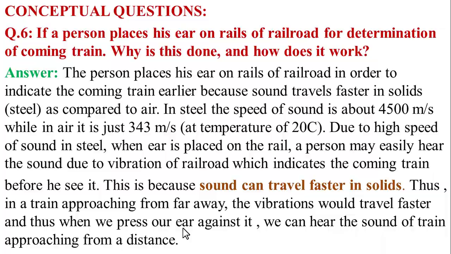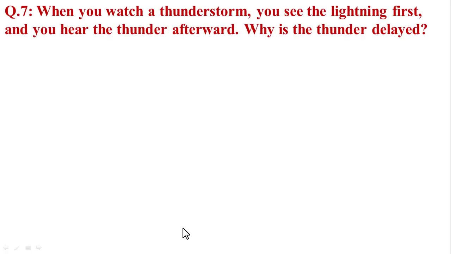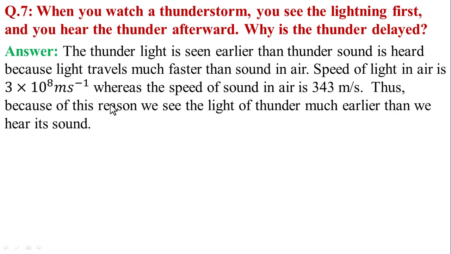Now, in question number 7, the given statement: when you watch a thunderstorm, you see the light first and you hear the thunder afterward. Why is the thunder delayed? The answer is that the lightning is seen earlier than the thunder is heard because light travels much faster than sound in air.